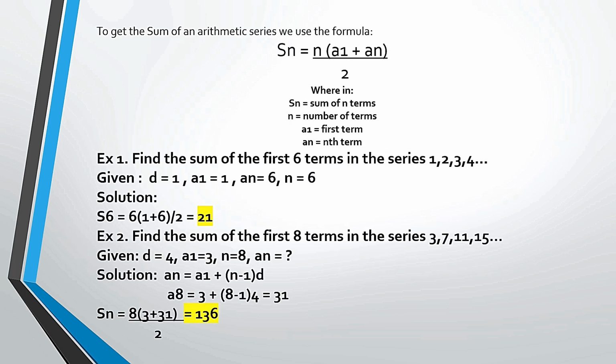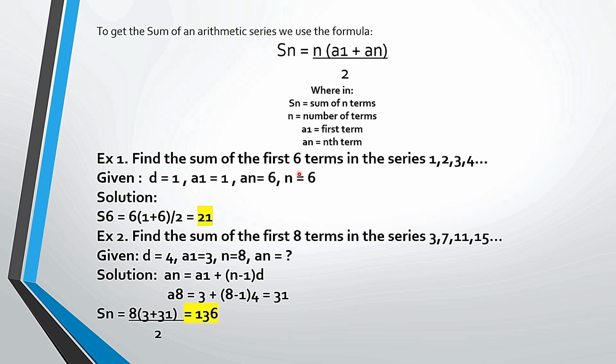To get the sum of an arithmetic series, we use the formula S sub n is equal to n times the quantity a sub 1 plus a sub n all over 2, wherein S sub n is the sum of terms, n is the number of terms, a sub 1 is the first term, and a sub n is the nth term.